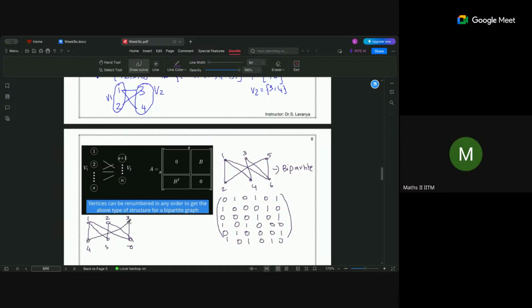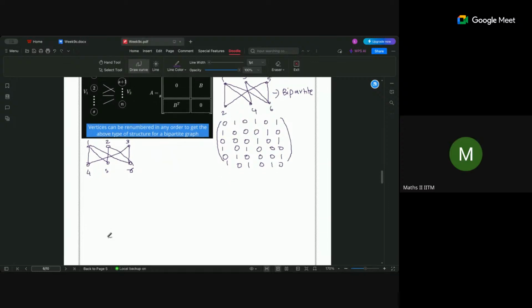Now you can check that the adjacency matrix will look like this. Between 1, 2, 3 there is no edge, so here all the entries are 0, 0, 0.